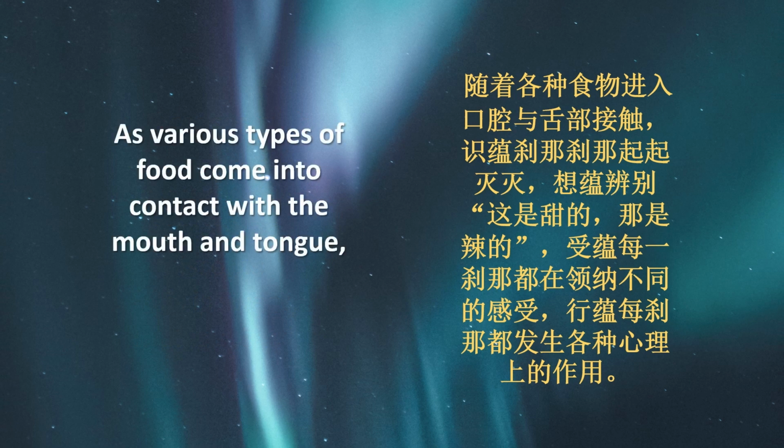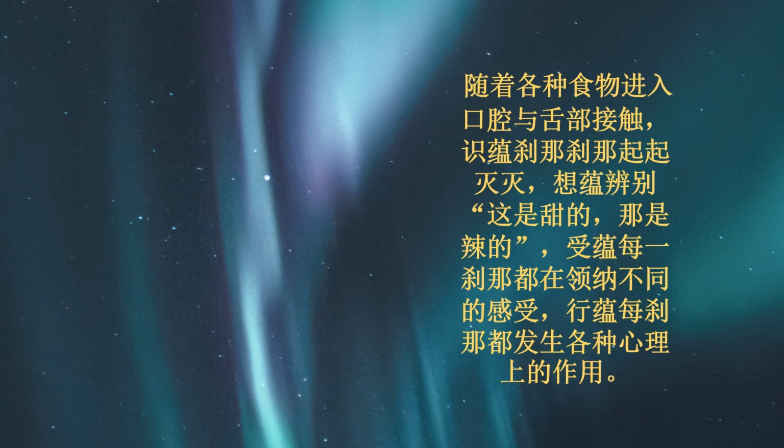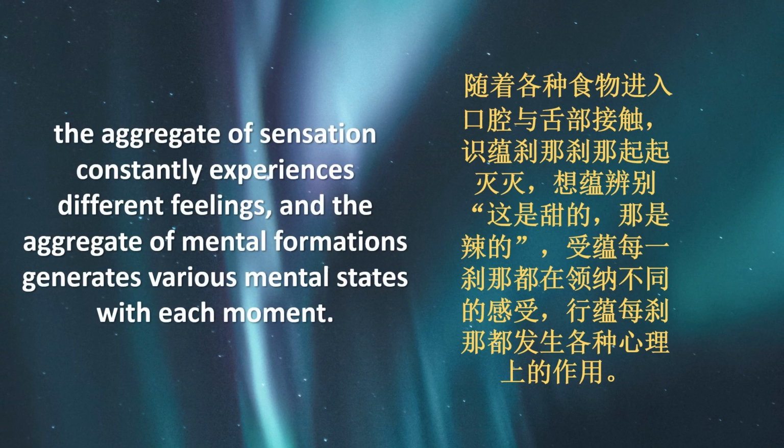As various types of food come into contact with the mouth and tongue, the aggregate of consciousness arises. The aggregate of sensation constantly experiences different feelings, and the aggregate of mental formations generates various mental states with each moment.